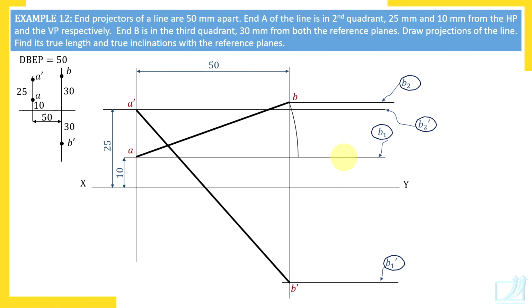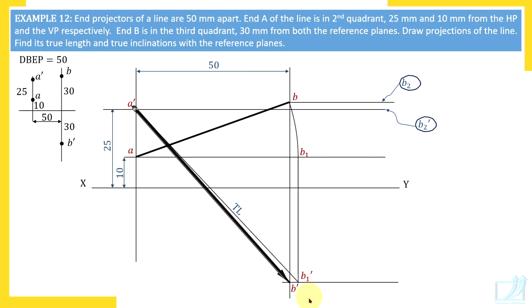So here it is AB1. Now you got a new point, so you should draw horizontal and vertical lines through the new point. Through B1, a vertical line. Which other point is on this line? B1 dash. Join A dash B1 dash.